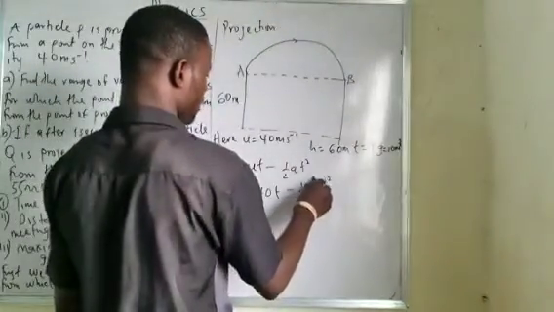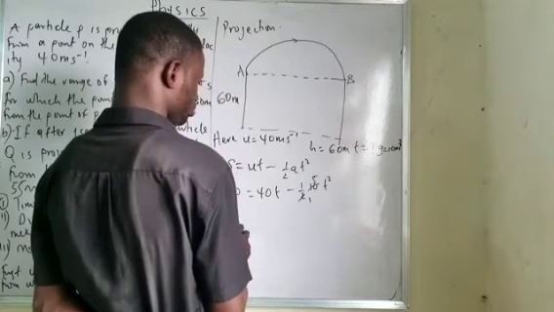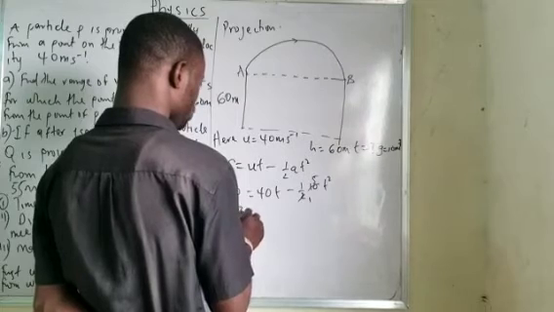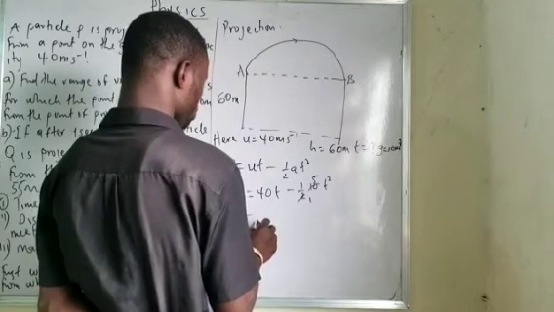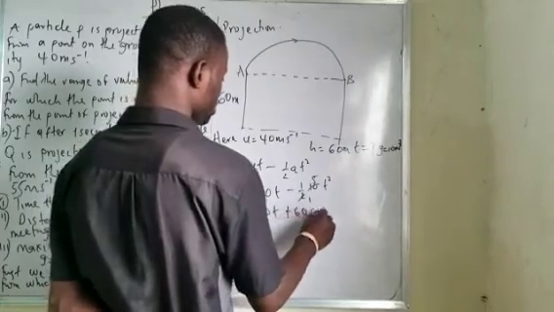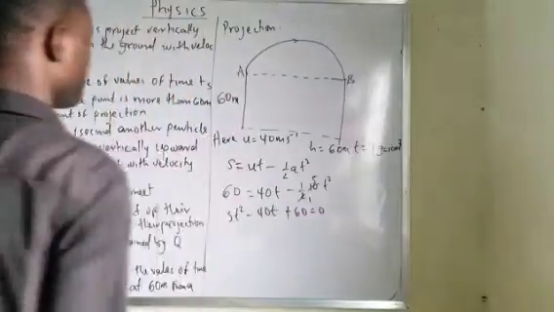So I'll have 5t squared minus 40t plus 60 equals 0.